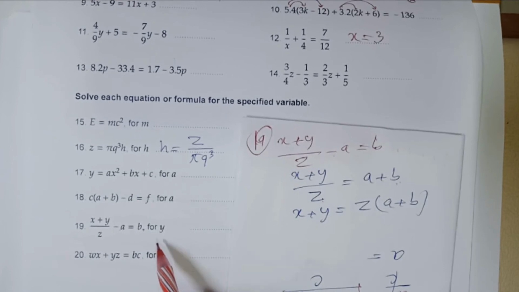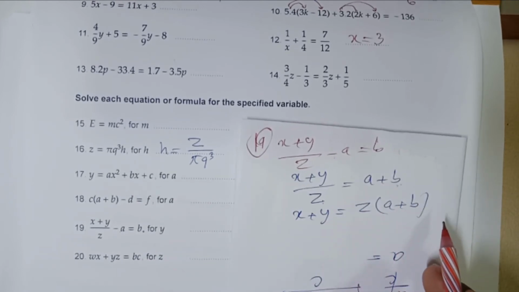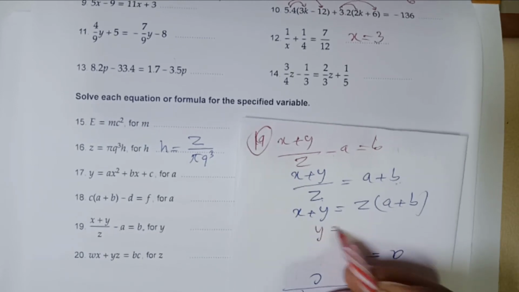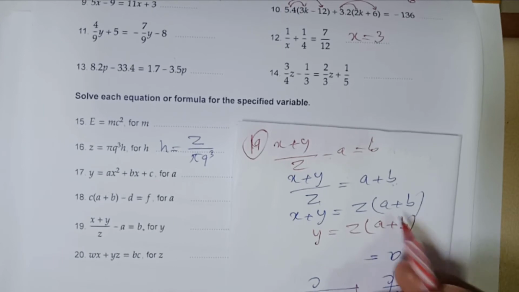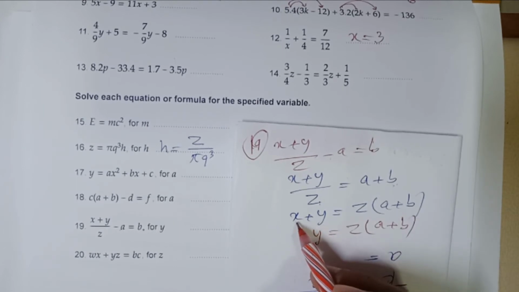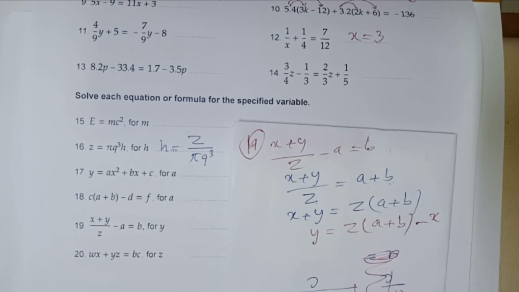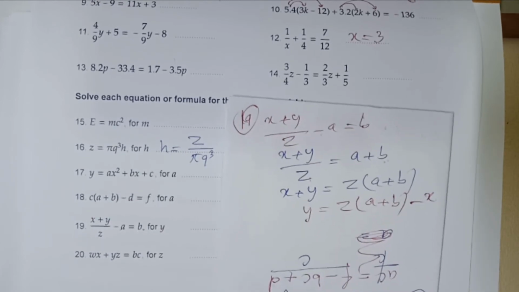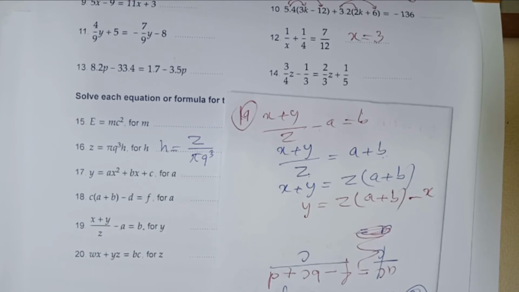And to get for Y, that's what they want, you transpose X to the other side. So Y equal to Z multiplied by A plus B, and then minus X. This is for solving for Y in number 19.